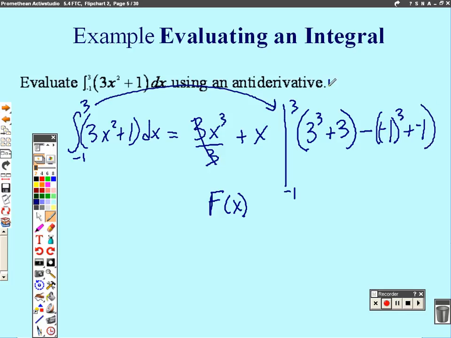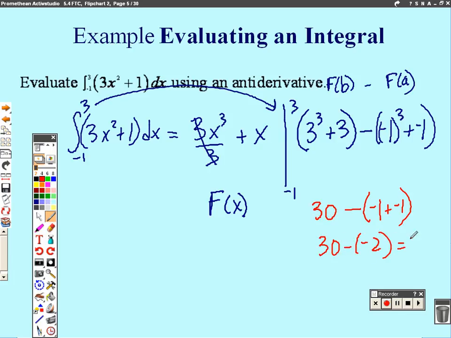This is like your F of b minus F of a. All right, let's just evaluate that really quickly. 3 cubed, 27, plus another 3, 30, minus -1 cubed is -1, plus -1 is -2, so 30 minus -2 is 32. And this number literally represents the area under this curve from -1 to 3.